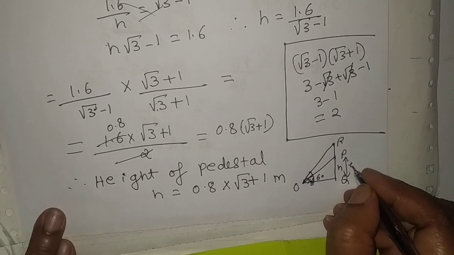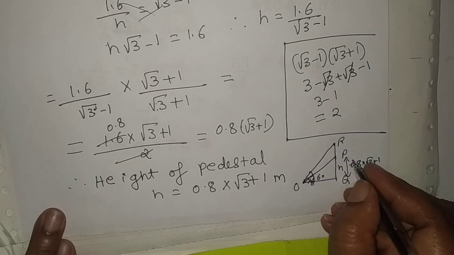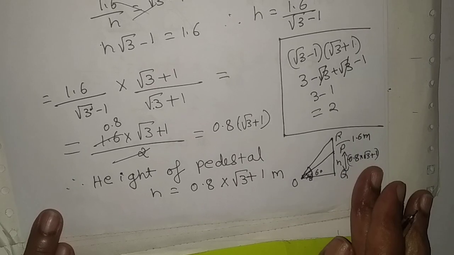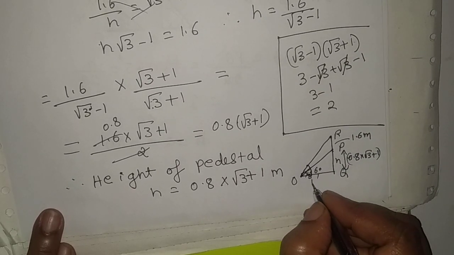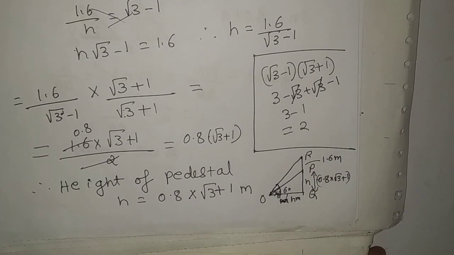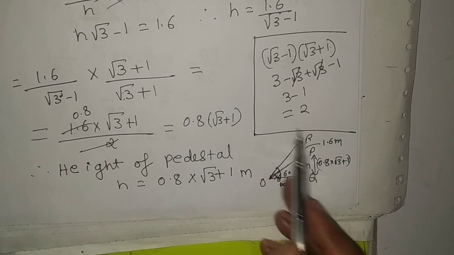So this is equal to 0.8 into root 3 plus 1 meters. And this was 1.6 meters, and this one we got is H meters. So this is the solution we found out by solving this problem.